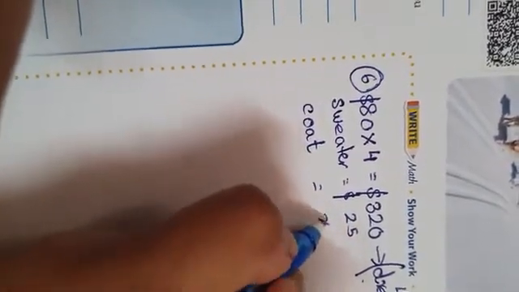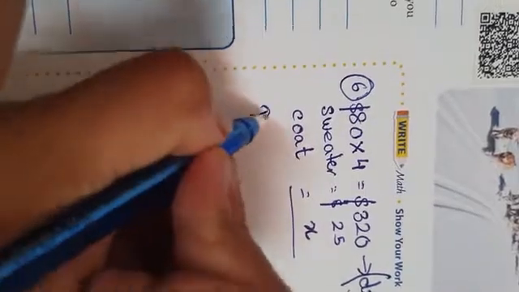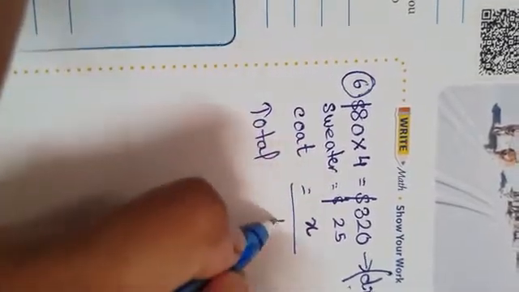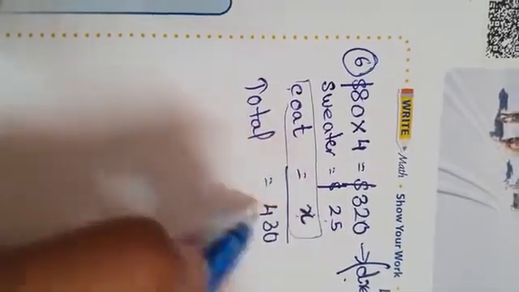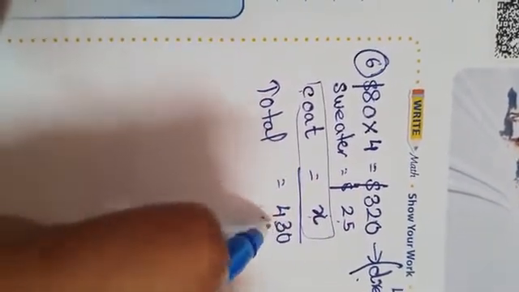We don't know the price of the coat, so let's keep it as X or let's keep it as C. We don't know. And the total cost was $430. So we have to find out what's the price of the coat. So you know you have to add these 3, only then you will be getting 430.